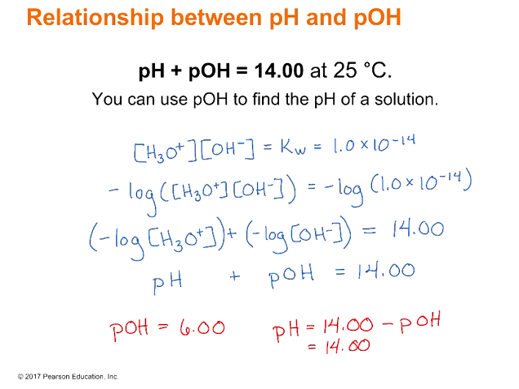So in this example, we would subtract 6 from 14, and we would get a value of 8. So the pH of the solution is 8, and sometimes it's easier to think about things in terms of pH. So in this case, we would say that the solution is basic. All right, so that's just a quick example of how we can use that.